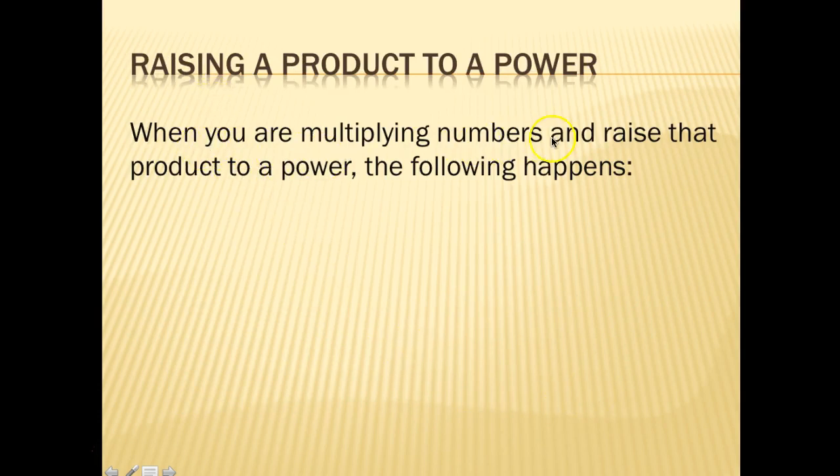So when you multiply numbers and raise that product to a power, the following happens. This is a review from, I believe, 5.1 and 5.2. So xy to the n power is the same as x to the n times y to the n.